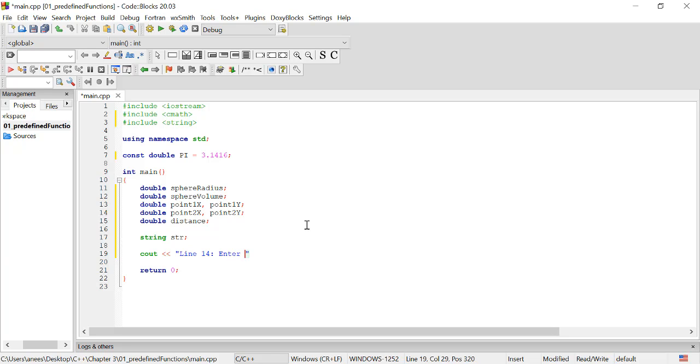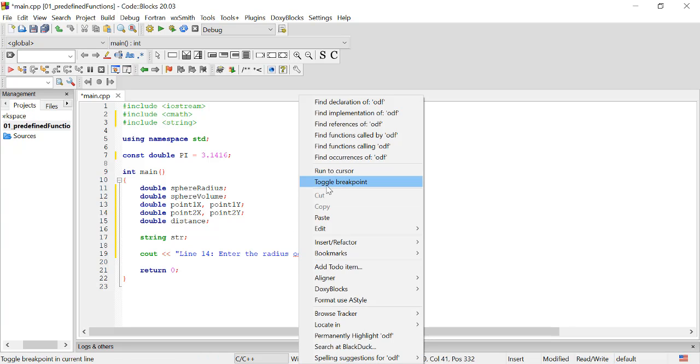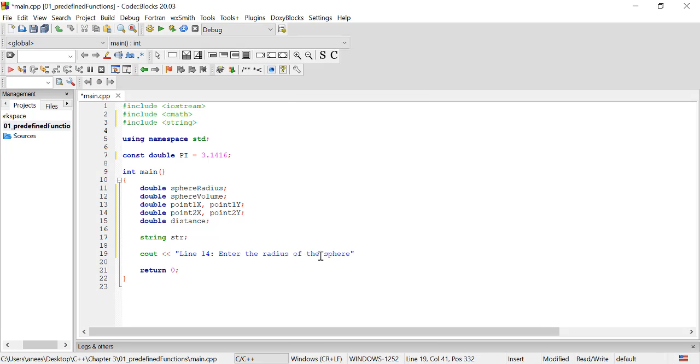Enter the radius of the sphere. cin sphere radius, cout endl.